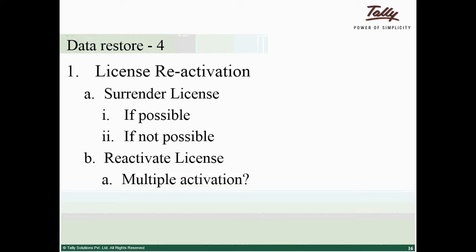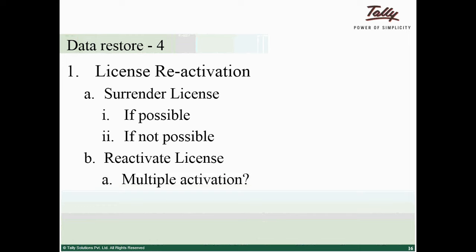In case Tally cannot be accessed on the first PC due to a system issue, ignore the surrender step. Install, restore data and reactivate it. Tally will operate on a trust basis, assuming that Tally on the first system is not in use.